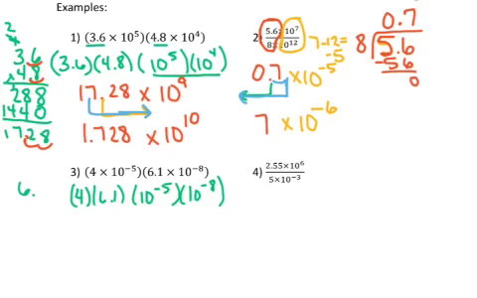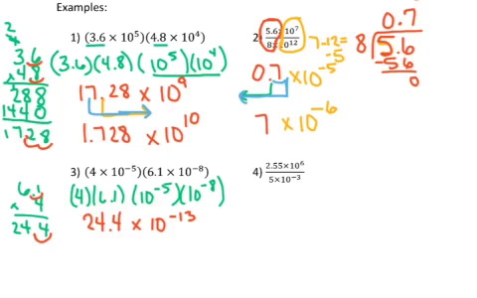So 4 times 6.1, 4 times 1 is 4, and 4 times 6 is 24, and there is one number after a decimal point in the problem, so that means there's one number after the decimal point in the answer. So the answer is 24.4 times 10 to the, and then we add the exponents, negative 5 plus negative 8 is negative 13.